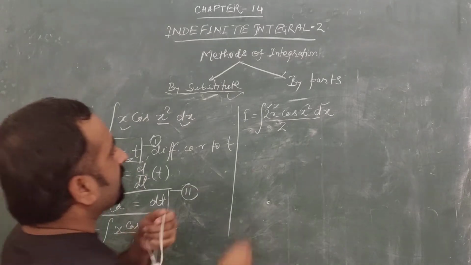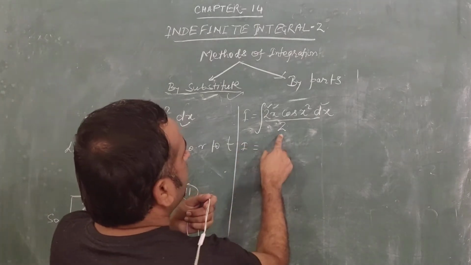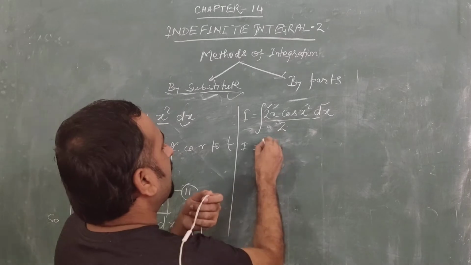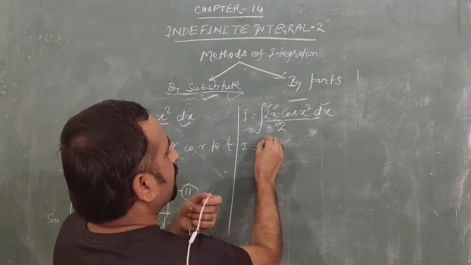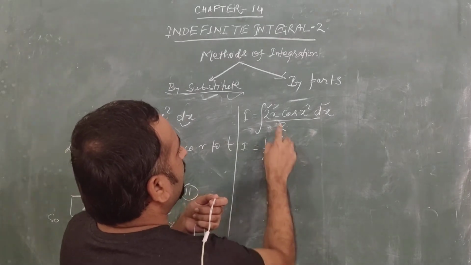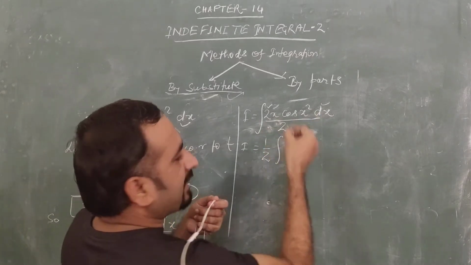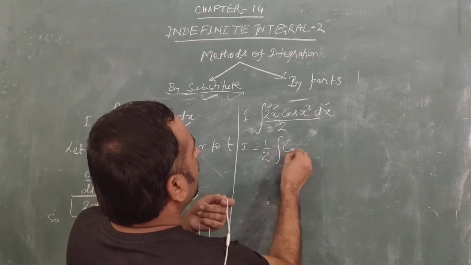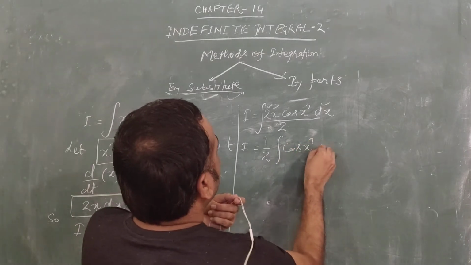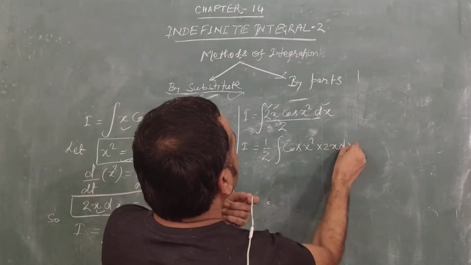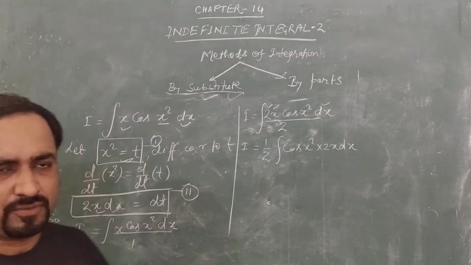Okay, so I is equal, it is upon 2, so we will move this portion. It will be 1 upon 2 integral of 2x dx. Okay, can we write it in this way, cos of x square into 2x dx? Any problem? Of course there is no issue.